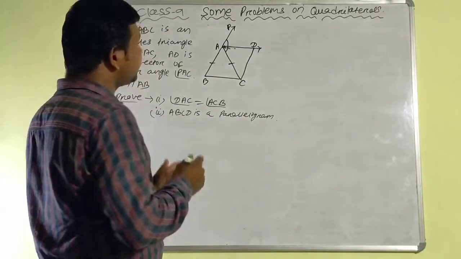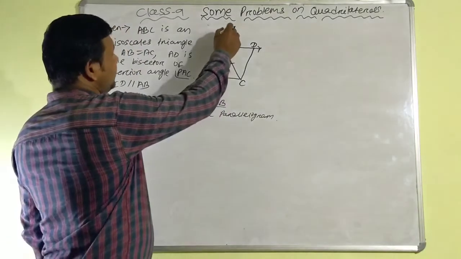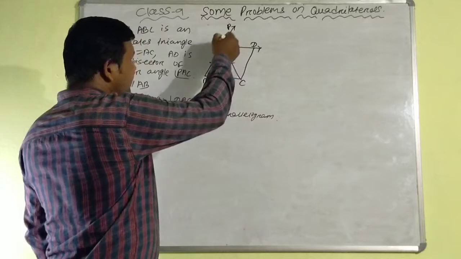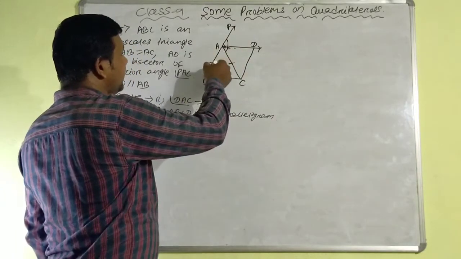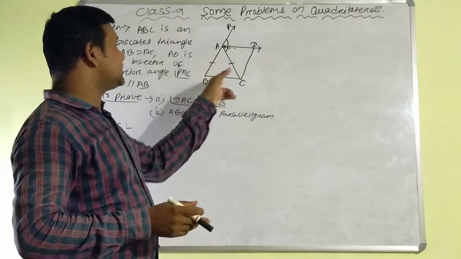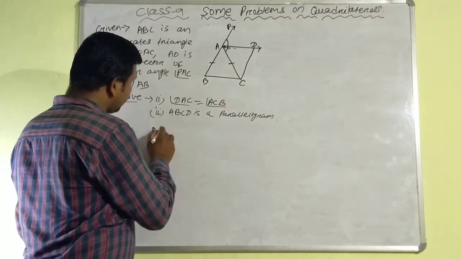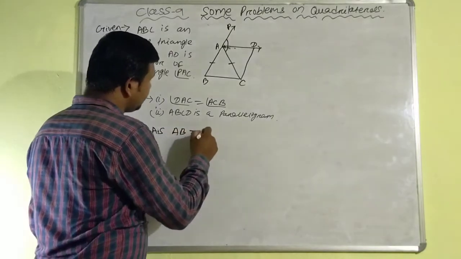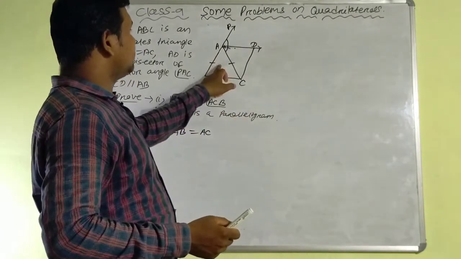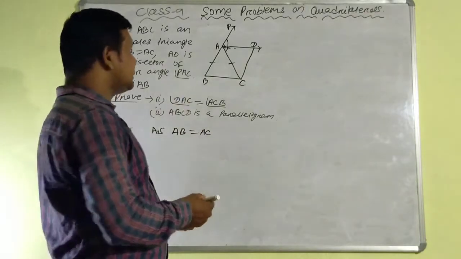Okay, this much given. Will now come to the proof part. Here you know an exterior angle is equal to the sum of interior opposite angles, where PAC is the exterior angle. So angle PAC equal to the sum of angle ABC plus angle ACB. Before that, we know ABC is an isosceles triangle where it's given AB equal to AC. We know if in an isosceles triangle two sides are equal, their corresponding opposite angles are equal.